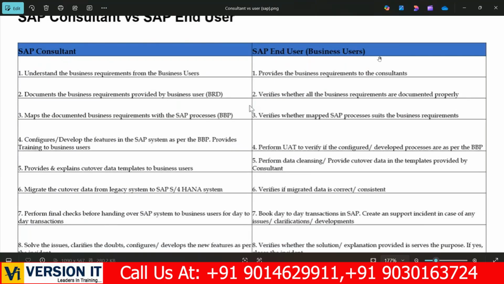Second step, step two. Understand the business requirement provided by the client user.